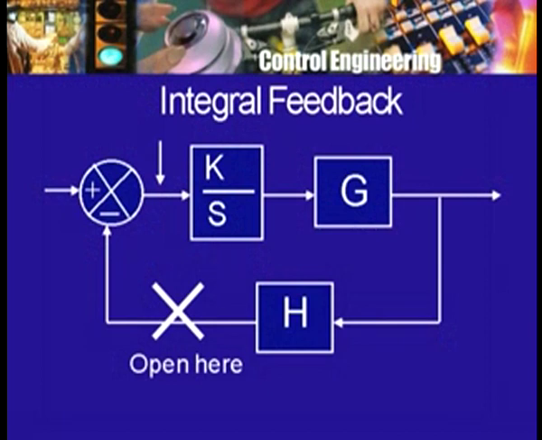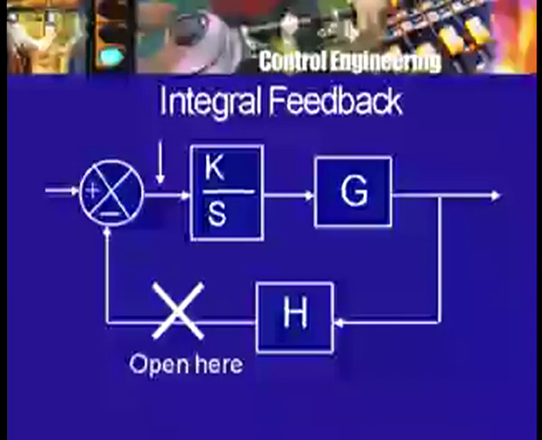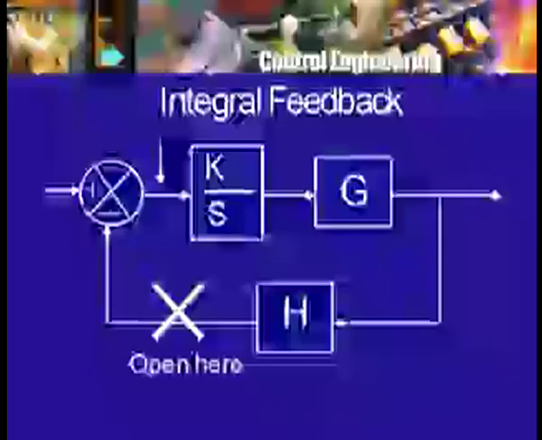Because G has two poles, H has no pole, G has no zero, H has no zero, but there is this additional pole at the origin corresponding to the integrator, 1/s. Therefore, the total system now has 3 poles and 1 zero. Because of that, there were 3 asymptotes, and therefore 2 asymptotes went off into the right half plane, and therefore for a large enough value of k, the system would become unstable. This was the conclusion that we had drawn using the root locus method.